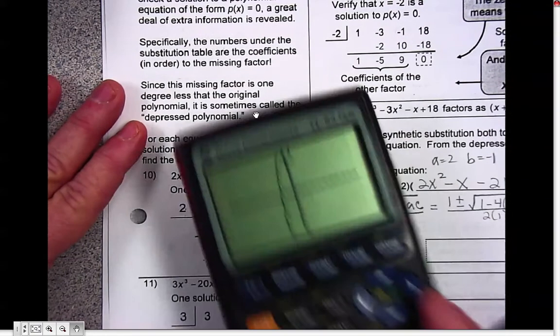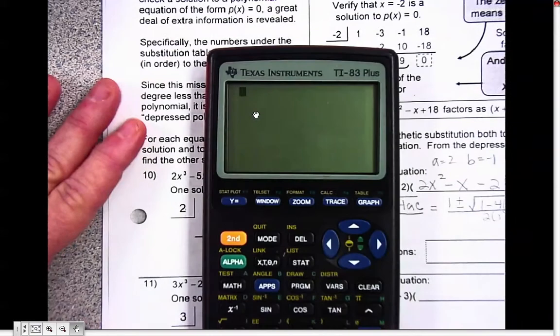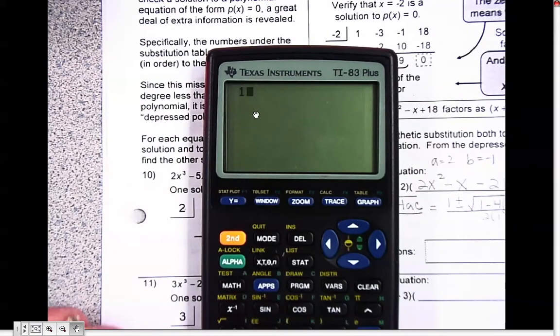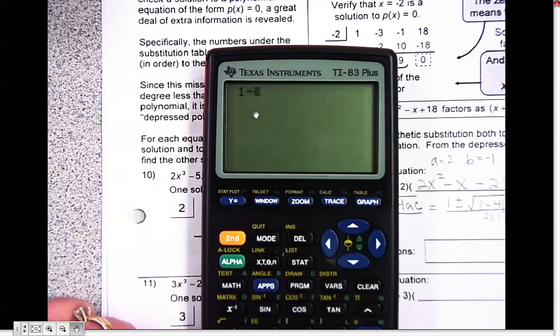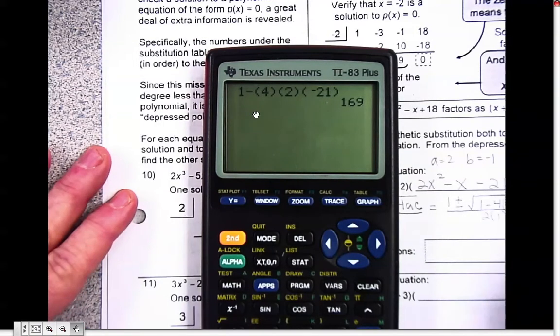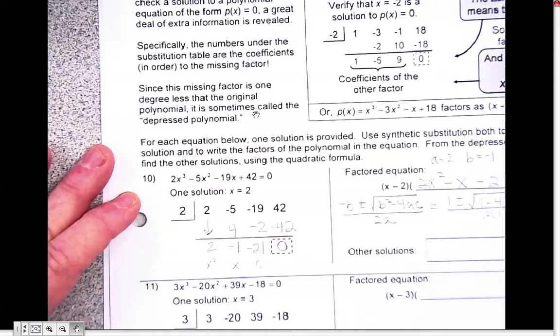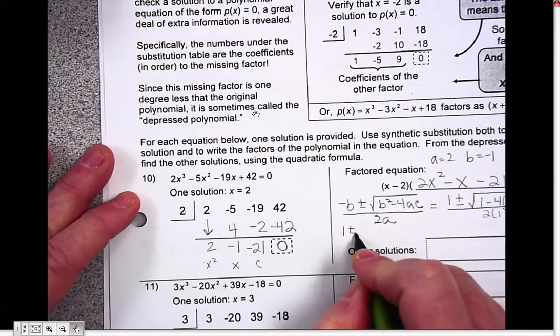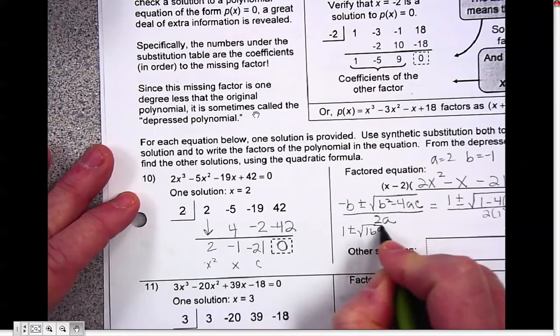Okay, so we can do 1 minus parentheses, it's not a minus. So do this correctly. 4 times 2 times negative 21. So 169. So this equals 1 plus or minus the square root of 169 over 2.